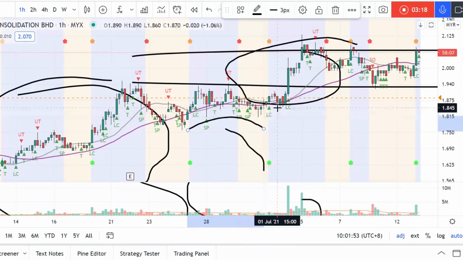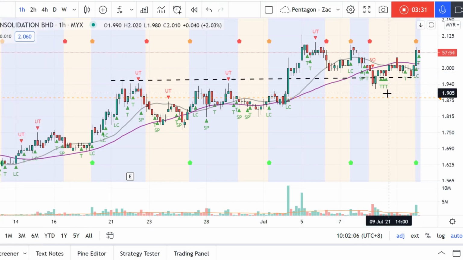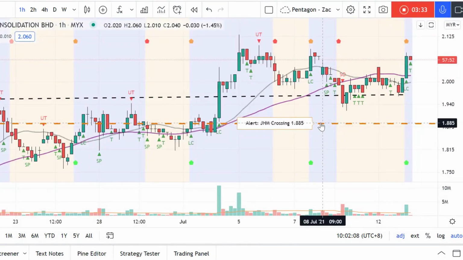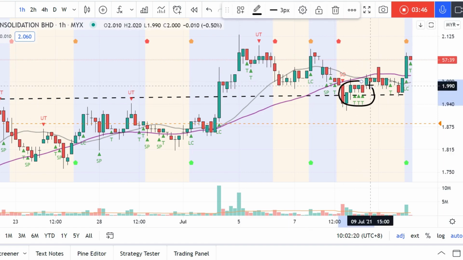So looking into this hourly chart, we're going to combine both daily and hourly to look for better timing if you are looking at a short-term time frame. Here, previous resistance turned to support. In this case, like Penta, we can also notice there is a 3T right exactly at support. It's kind of similar to how Penta is doing right now, but this 3T with low volume is trading below trend 40s, unlike Penta, which is still above the trend 40s.